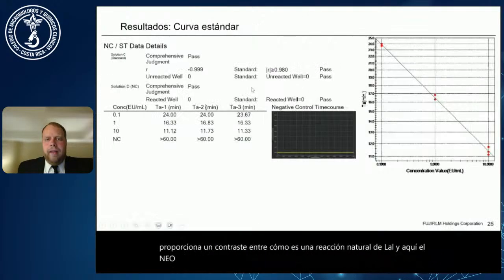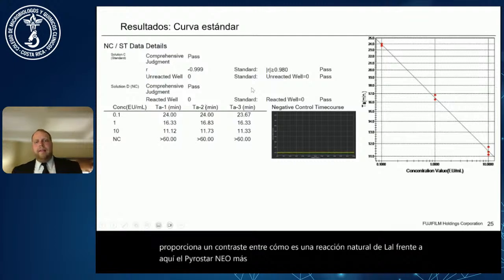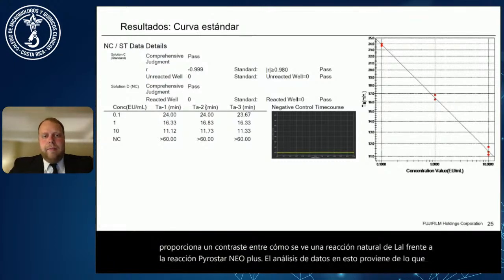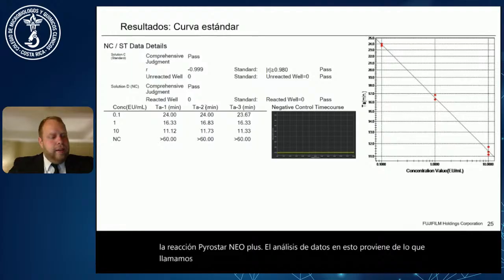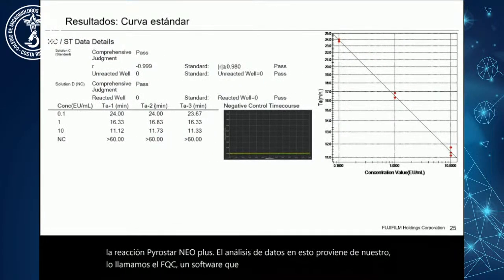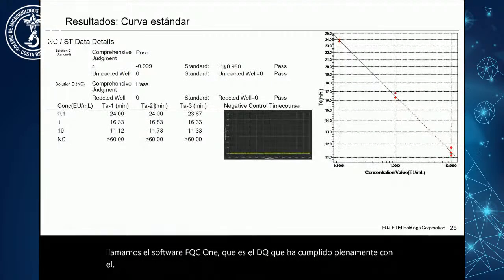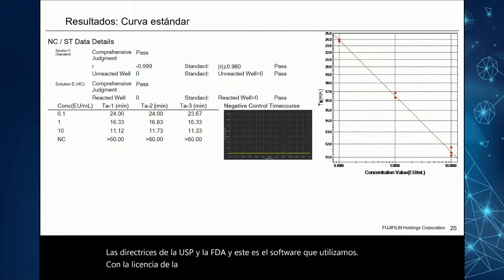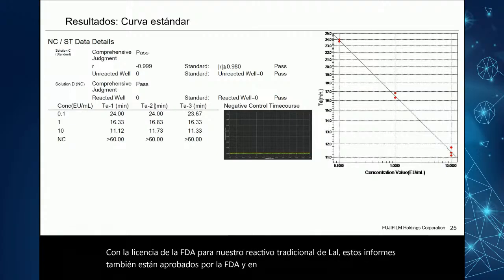The data analysis comes from our, we call it the FQC1 software. That software has had full compliance with the USP and FDA guidelines, and this is the software we use with the FDA licensing of our traditional LAL reagents. So these reports are FDA approved and are in full compliance for your needs.